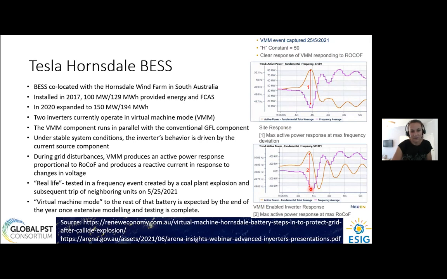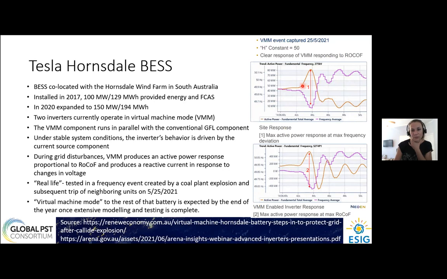This was tested in real life in a frequency event at the end of May, when they had an explosion at a coal power plant, and it also resulted in trips of a couple of neighboring units. Here on the upper chart, you can see the overall response from the battery, and the battery participates in frequency control services.